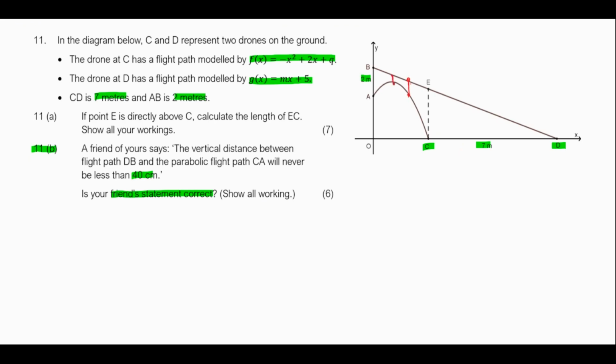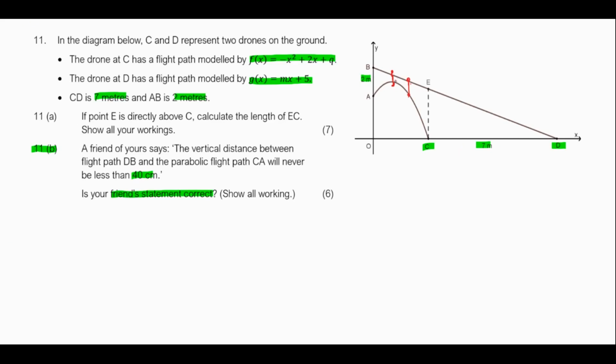So we're saying that this vertical distance between g of x and f of x will never be less than 40 centimeters. So we have to find the minimum vertical distance between these two paths.